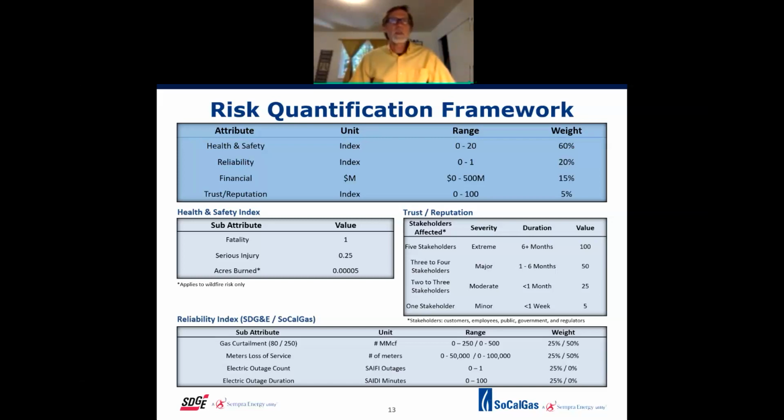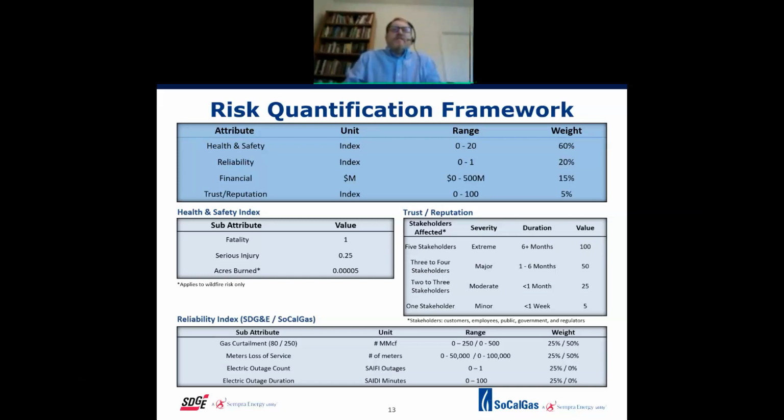So I have a feeling Joe wants to chime in, but before that, Joe, Tom, I want to address the PSPS comment. We are very much interested in including trust and reputation as a negative impact from PSPS. We think of PSPS as a sub-risk of wildfire, and it definitely has implications and consequences: safety, financial reliability, trust.